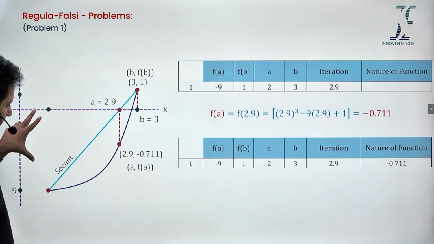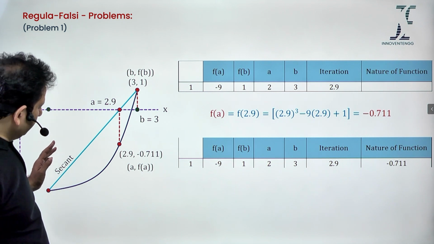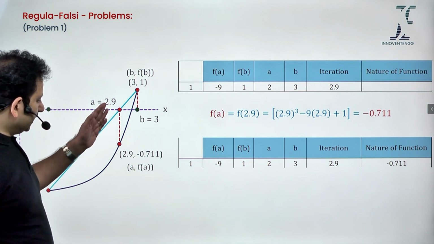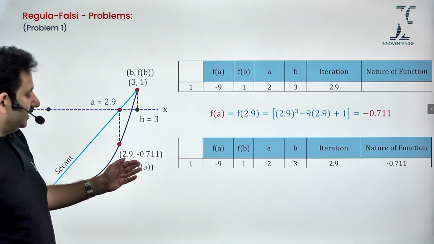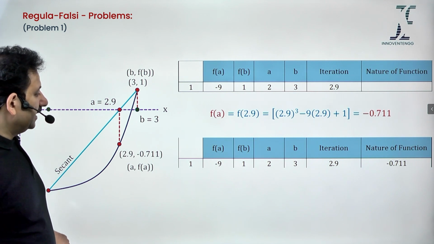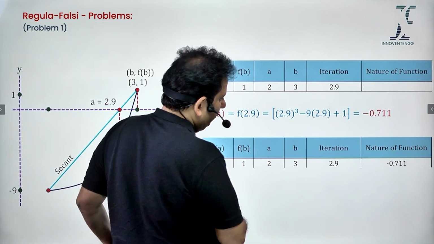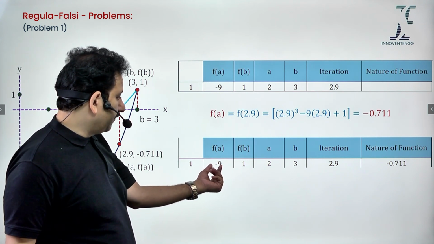You started with minus 9, you can see here, this is minus 9. The moment you did your first iteration, it in fact got reduced to minus 0.711, right? And your a now becomes 2.9, and that's exactly what we have iterated here. You can see f of a was minus 9.